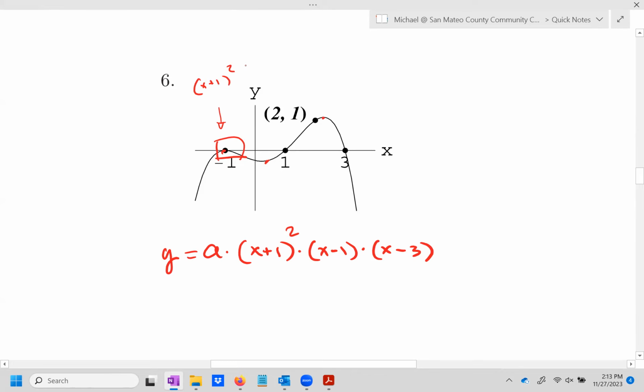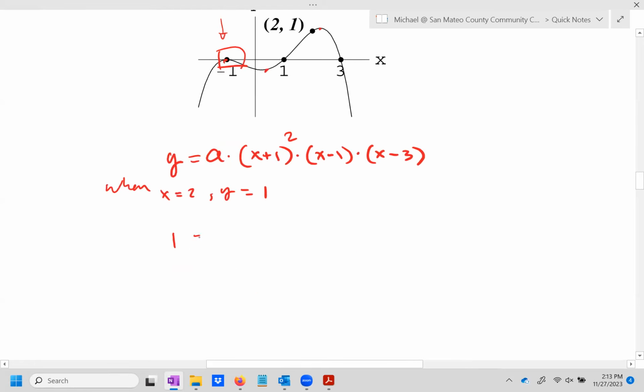Now we need when x equals 2, we need y equal to 1. So we plug in 1 is equal to a times (2 plus 1) squared times (2 minus 1) times (2 minus 3).